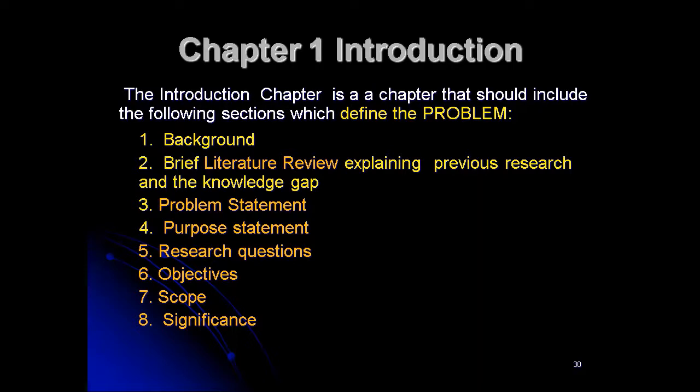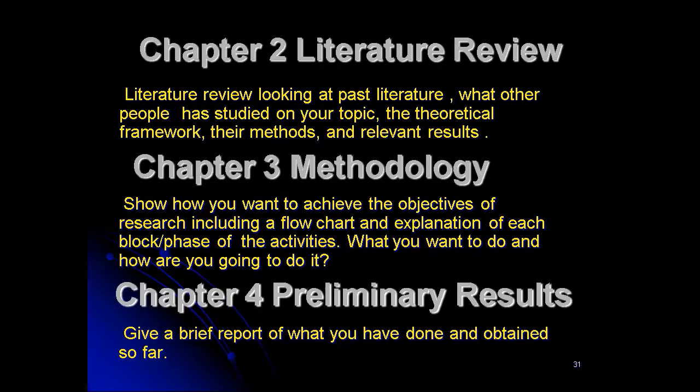And if you remember again, normally the proposal consists of 4 parts. Chapter 1, introduction, which we are going to deal with today. And then, of course, the second chapter will be literature review, which will be slightly different, or basically strengthen the chapter 1 literature review. Literature review in chapter 1 is basically just to define the problem, just to identify the knowledge gap.